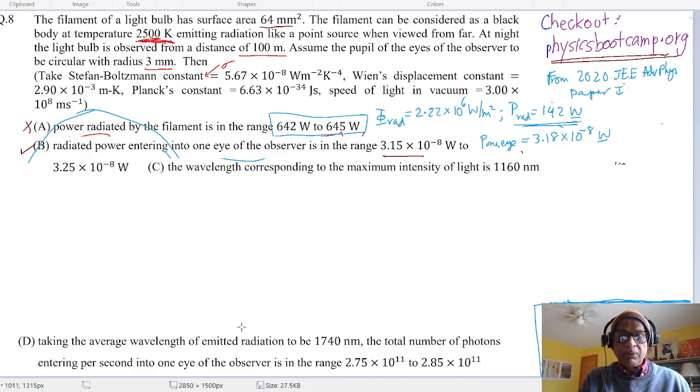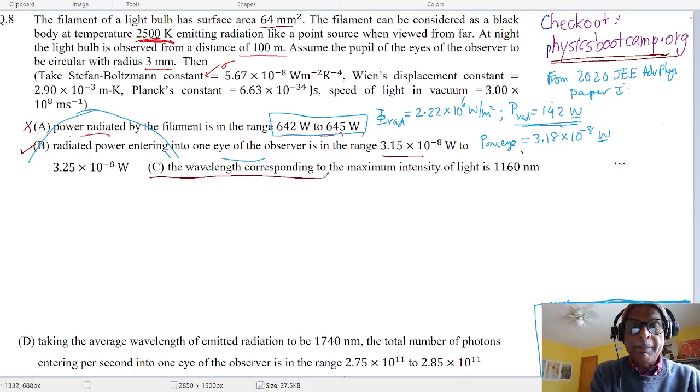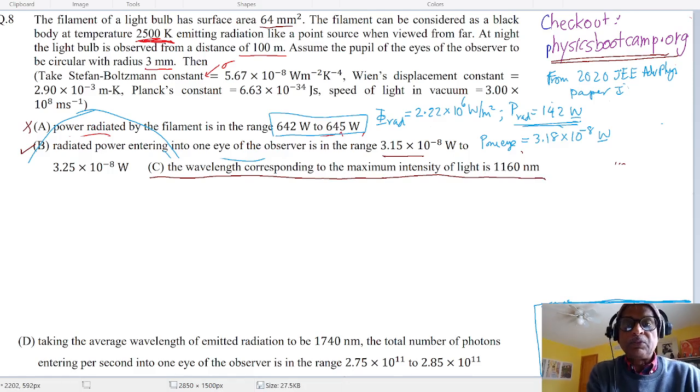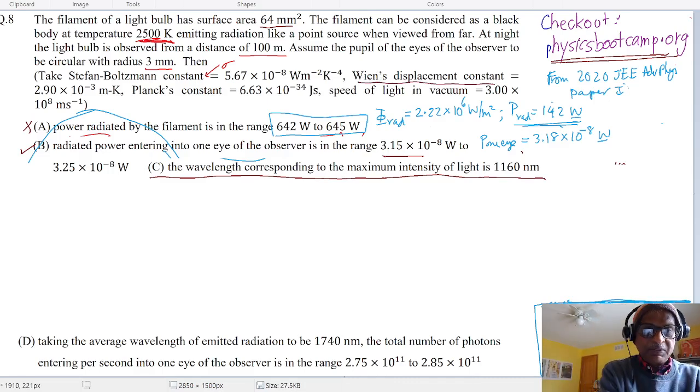Okay, so to answer C, it's another law. It's called Wien's Displacement Law, and it uses the Wien displacement constant. You can see right here there's a hint, meter times Kelvin.